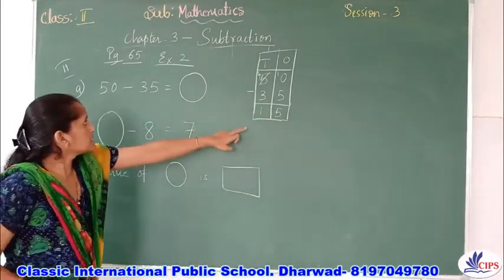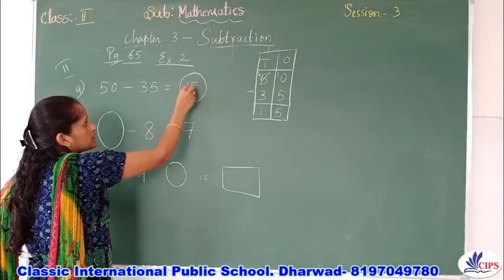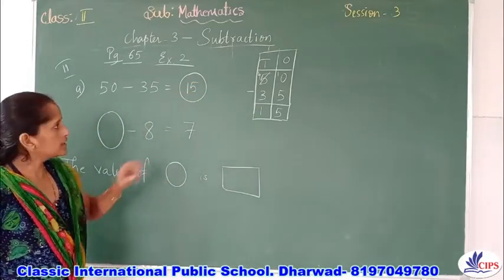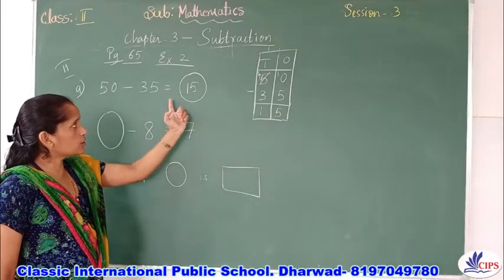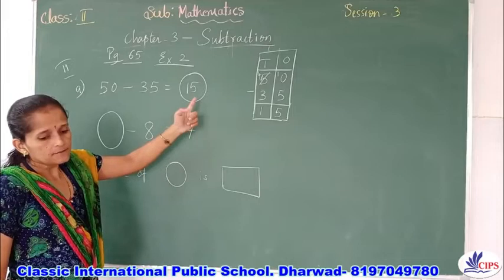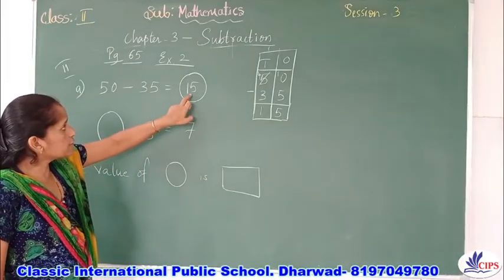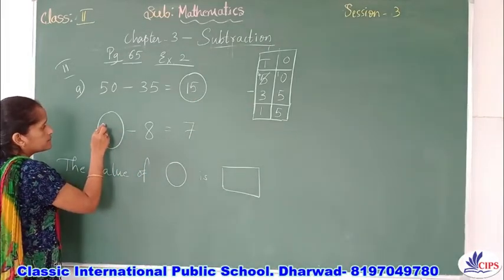So now this answer I am writing here. You can write with your pencil, the answer of this subtraction is here, and I am writing it in this box. So this 15 we will take here.